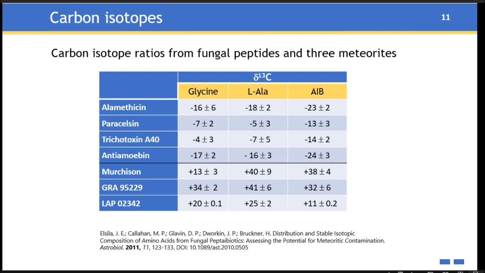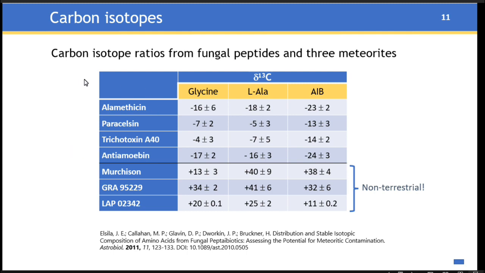They determined the carbon isotope ratios in these extracted amino acids and compared them to amino acids from soil fungi, in particular the peptides from those soil organisms, alamethicin being one, and a couple of others from different species. What they found was a huge difference in these ratios between the meteorite ones and the biologically derived ones. Clearly the amino acids on meteorites are non-terrestrial in origin.